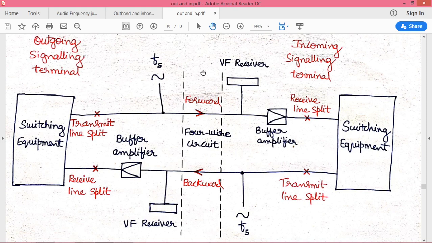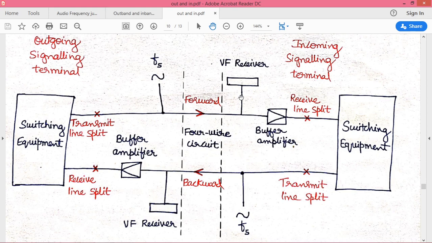Please note, at the receiving end we are using a VF receiver. This voice frequency receiver is basically used for extracting the control signal, or in order to provide a DC signal to our switching equipment. It will extract the control signal, or tone signal, from the speech signal as well as the carrier.